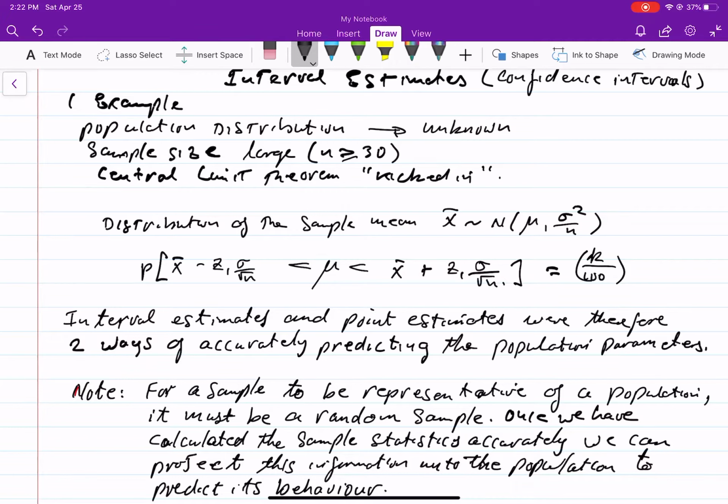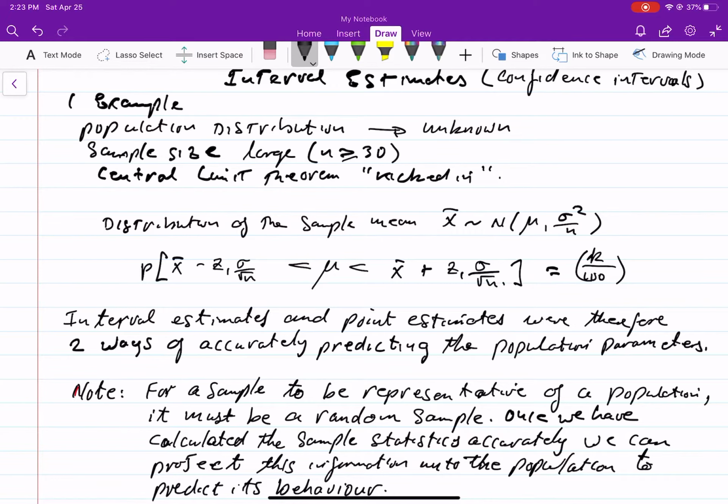A 95% confidence interval would mean that 95 out of those 100 confidence intervals would have the true population mean within their boundaries. The other 5 would not. You would not know which 5 don't or which 95 do. You would just know that 95 of them have the true population mean within their limits, and 5 of them do not.